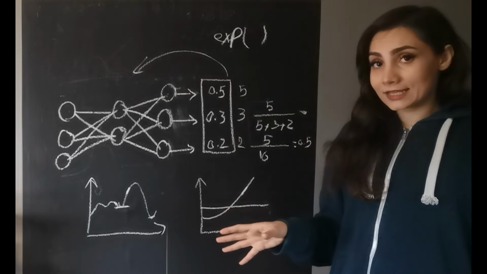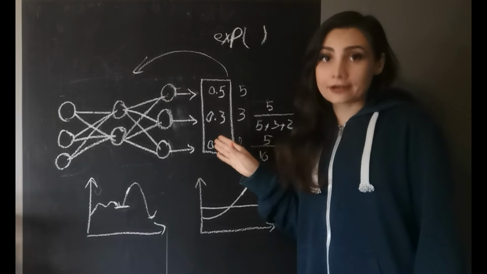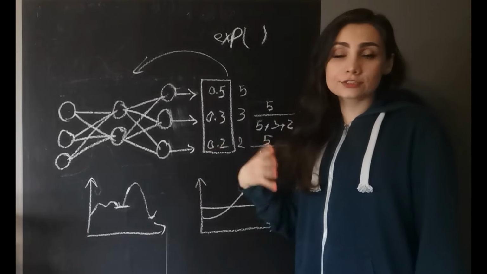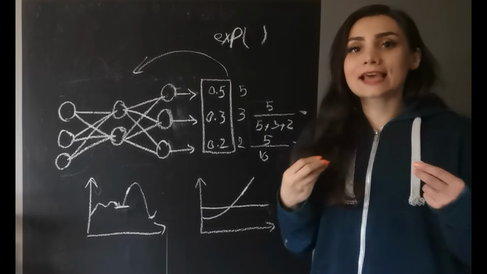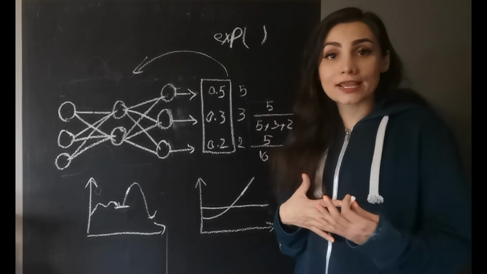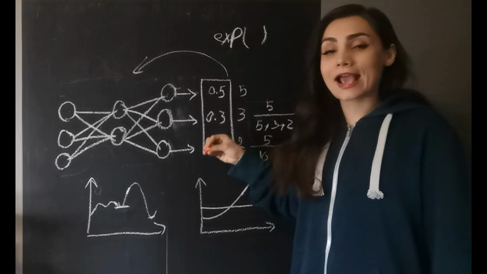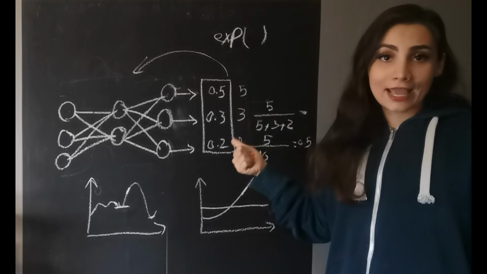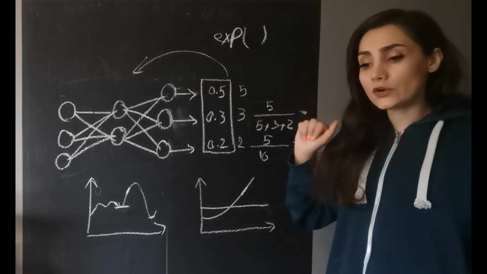The other problem that exponential solves is that sometimes you will get a negative number here. If you get a negative number here, it's going to make everything complicated. But if you pass that negative number through exponential, exponential will transform it into a small number. So now you can actually add all of them together, and the result is going to be 1.